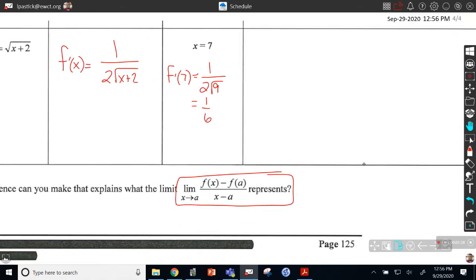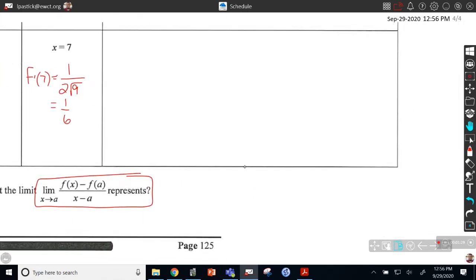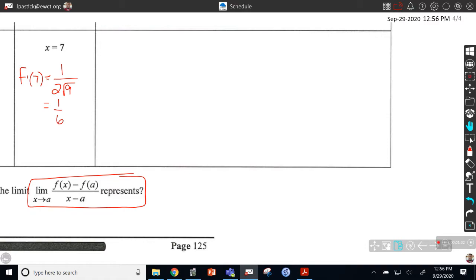So now in this box over here, we're going to attempt to apply this expression down here that I've already put in this red rectangular box. We're going to apply this with this function using x approaching 7. So let's set it up. We're going to do the limit as x approaches 7 of f of x minus f of a.